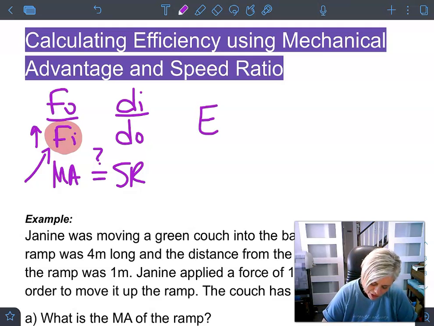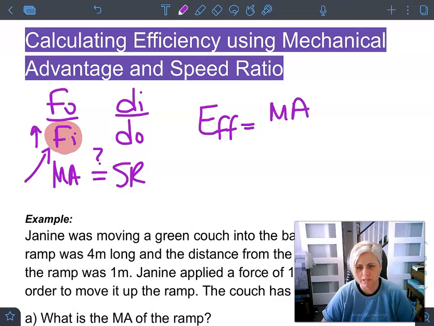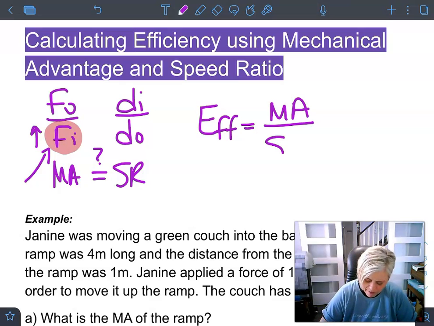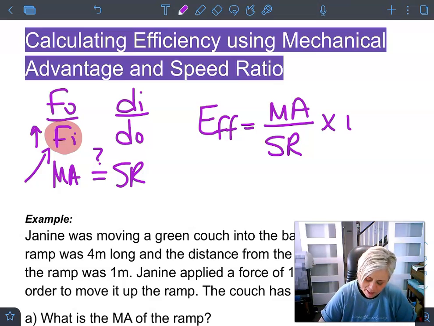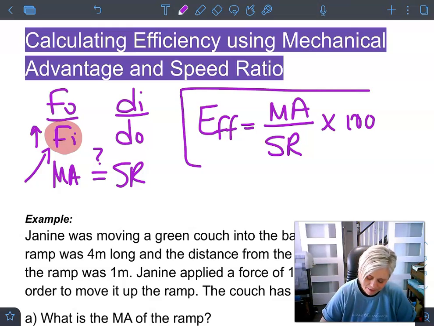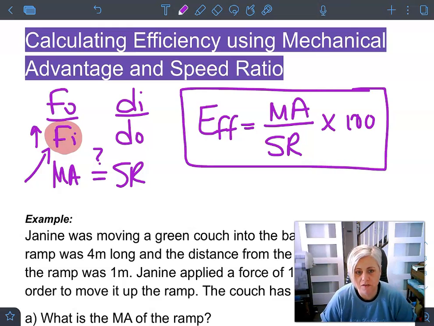So we're going to take the mechanical advantage, which is like the force performance that machine is able to generate, and divide it by the maximum amount that it should be able to generate if not for friction, and that would be the speed ratio. Then to get a percentage, we'll multiply it by 100. This is one of the formulas for efficiency that you've used this section, and we'll talk about the other one later when we learn a bit more about work.